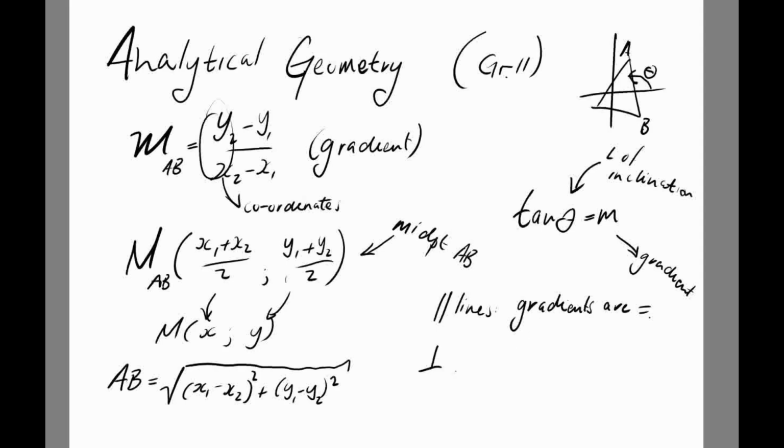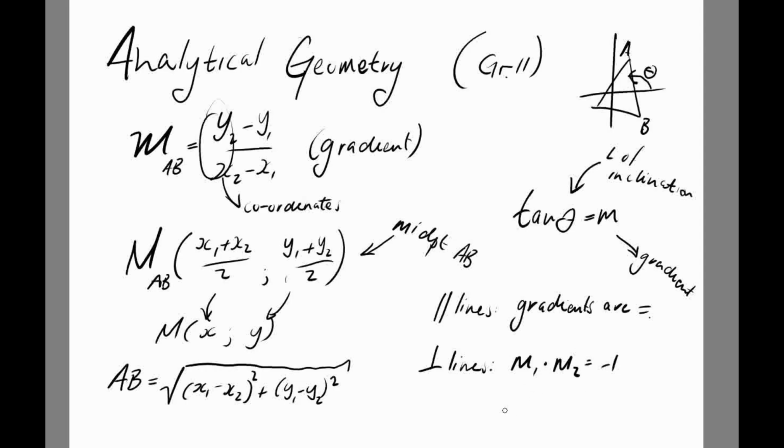Then another thing to note maybe is perpendicular lines. Perpendicular, the lines make 90 degrees. The product of the gradients of the perpendicular lines equals -1. So what am I saying? I'm saying m of the first one multiplied by m of the second one is going to equal -1.